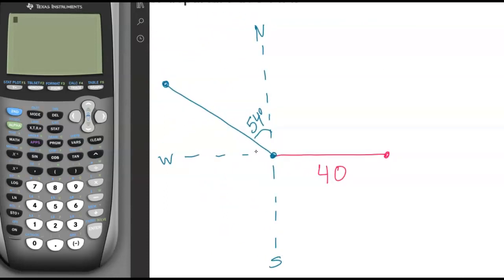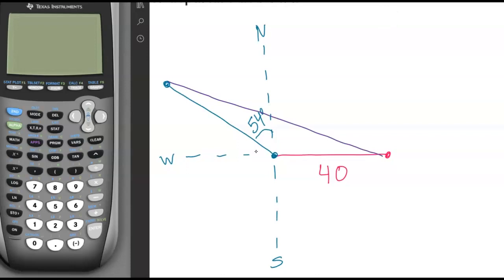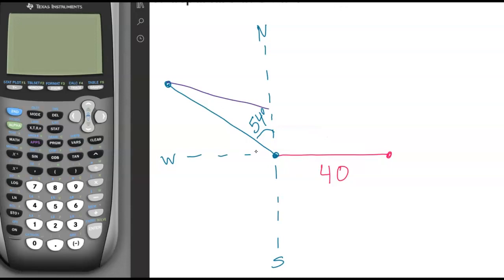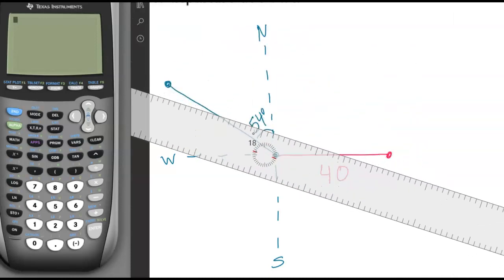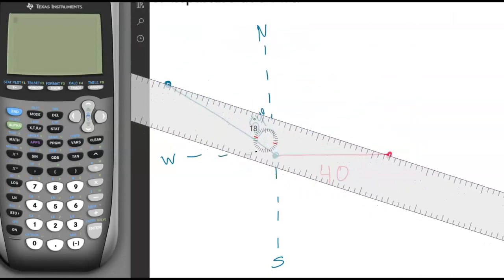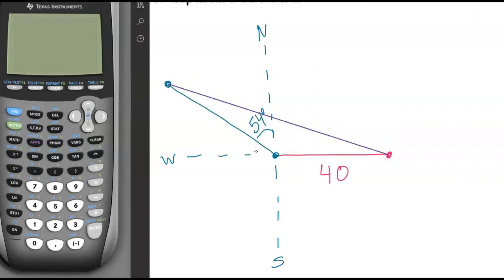So it wants to know the length of this line, and the bearing from the original port to where they ended up.